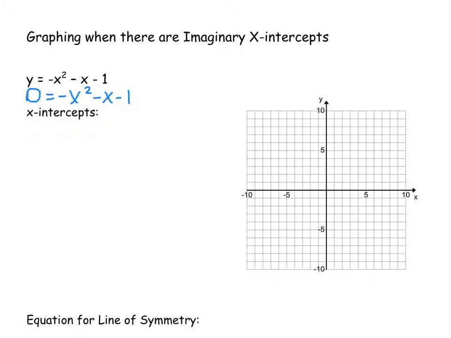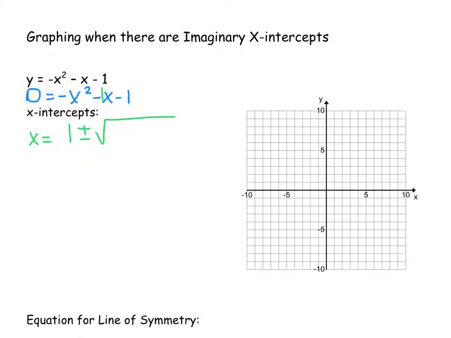Because of that negative in front of the x squared, I'm not going to try to factor that, so I will use the quadratic formula on this one. So, here we go. X equals negative b. Now b is a negative 1, so that's going to make it positive 1, plus or minus the square root of b squared.